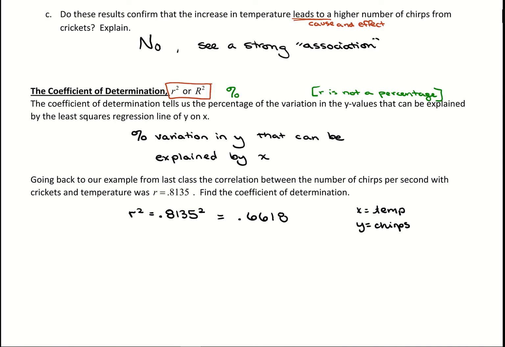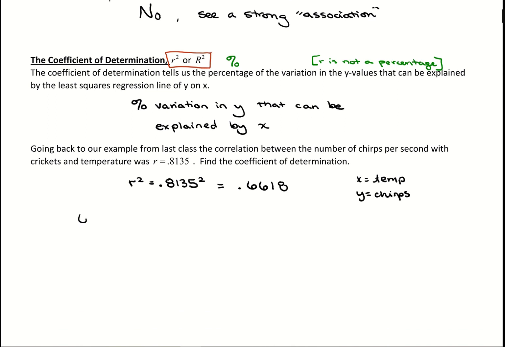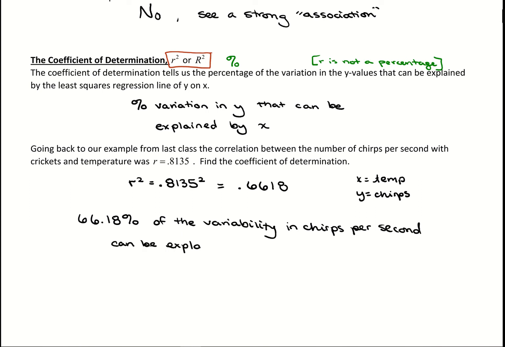So how I could interpret this is 66.18% of the variability in chirps per second can be explained by temperature.